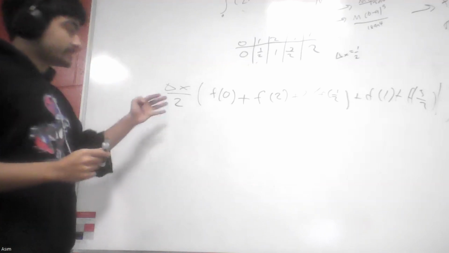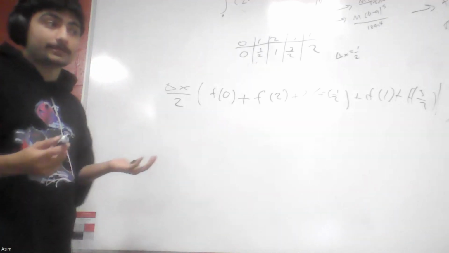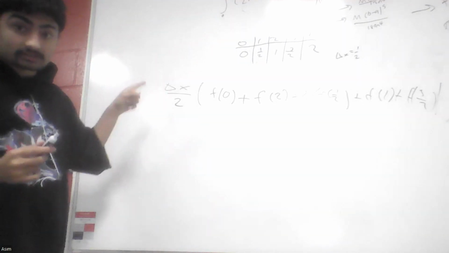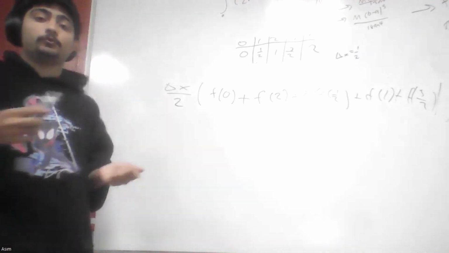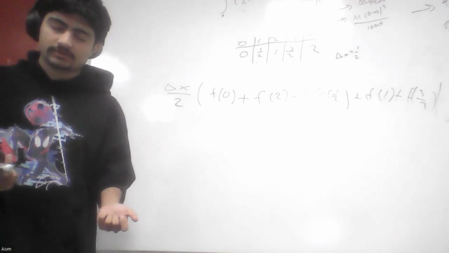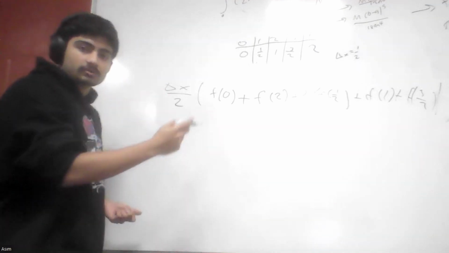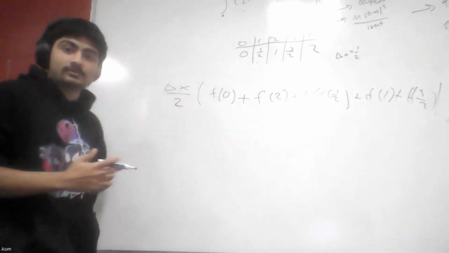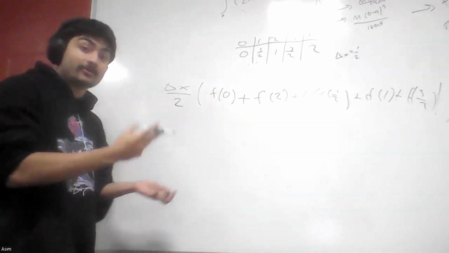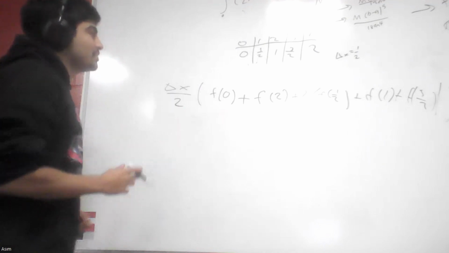And this 1/2 comes out of the formula of a trapezoid, multiplied with your delta x, which makes a lot of sense if you think about it geometrically. If you struggle to find this formula, you can draw a simple shape with trapezoids and create this formula by yourself, which is very exciting, honestly.